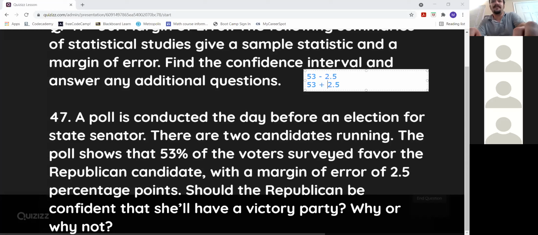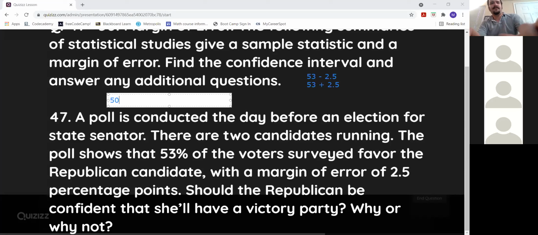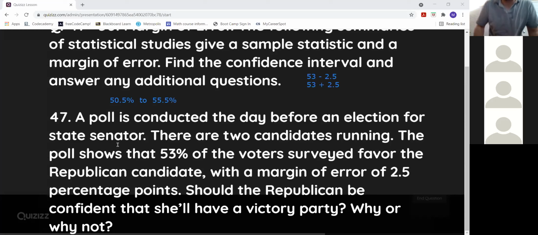They call it margin of error here. It's pretty similar to what our standard deviation and mean does, right? We're going to add and subtract it. So we're going from 50.5% up to 55.5%, if we subtract and add that to 53.